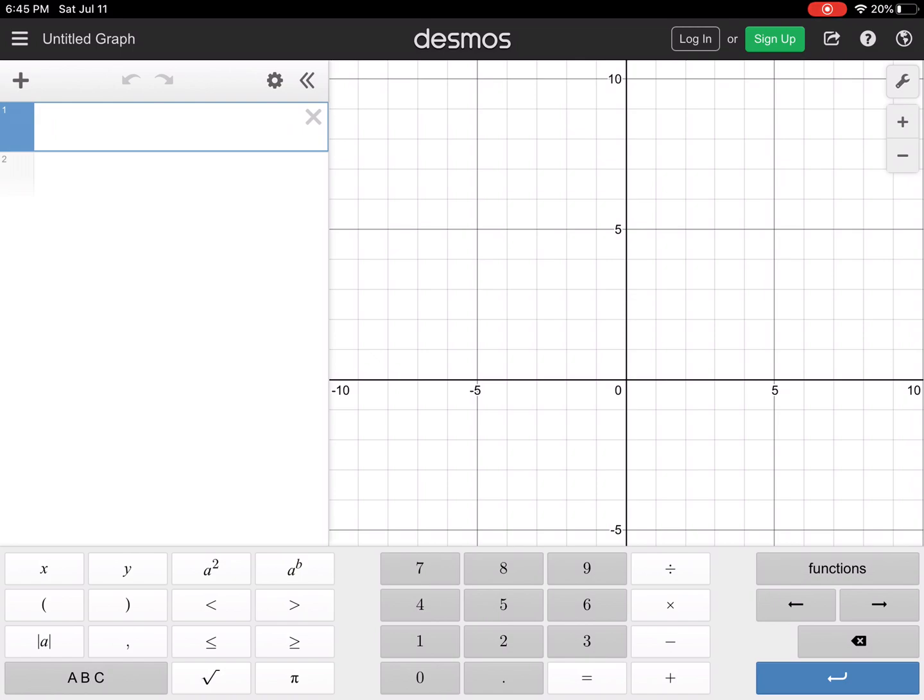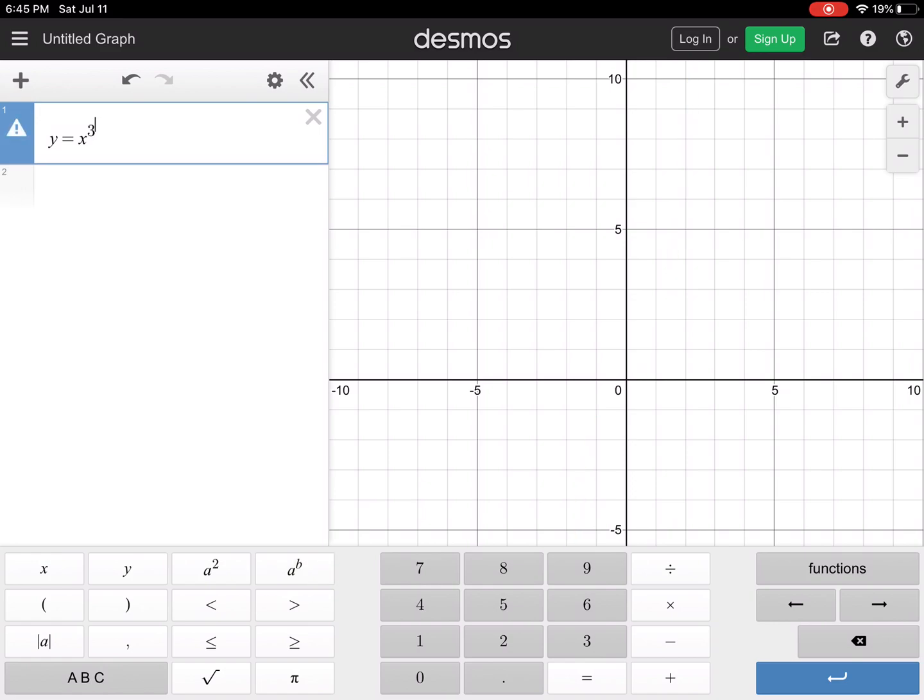Instead of v, I'll just call this y. So we've got y equals x. Now we want to use cube, and you notice there's a square, but there's no cube. So you press that A to the B button, and we can put a 3 there.